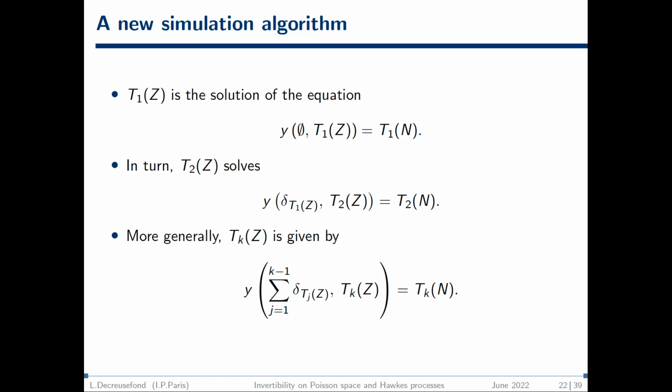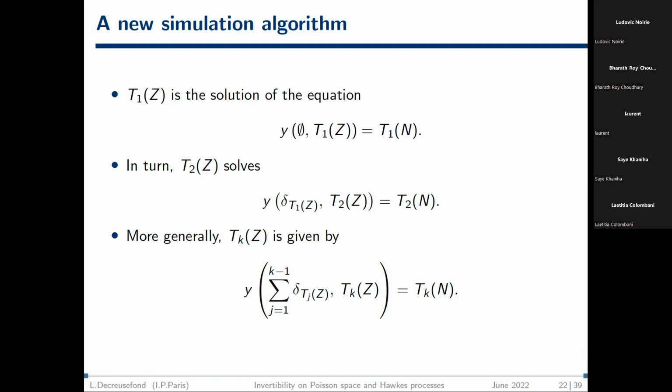And so you depart from the point process and out of that you construct t1 of z. It stops when you stop simulating your Poisson process. If you simulate 1,000 jumps of your Poisson process, you get 1,000 jumps of your Hawkes process.